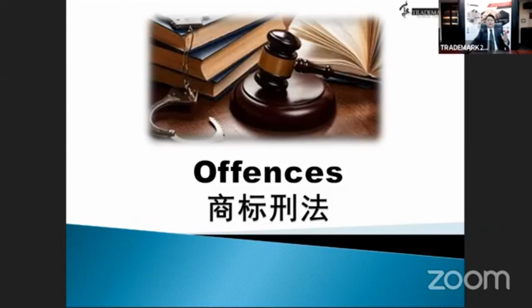I'm here to tell you your new rights to trademark and some of the benefits that the government of Malaysia can offer to you for free, or at very little cost, in order to protect the owner of the trademarks as well as the consumer.